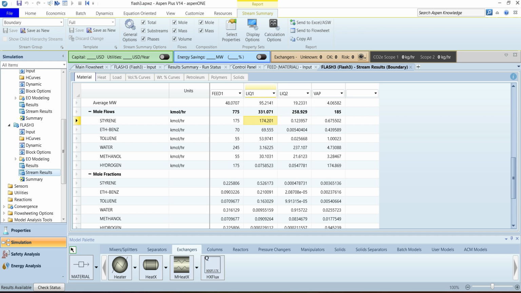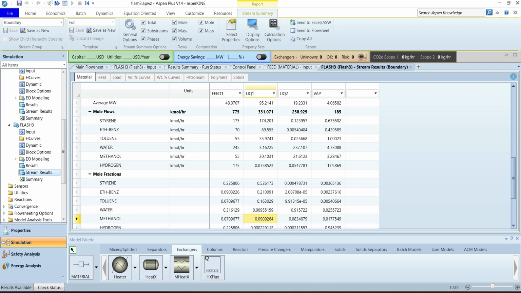However, in the liquid one stream it's not only styrene, which is only 52.6%, and the remaining components are other organic components such as 21% ethyl benzene, 16% toluene, 9.5% water, and 9% methanol. So it contains almost all components in significant fractions and a minor fraction of hydrogen as dissolved gas.